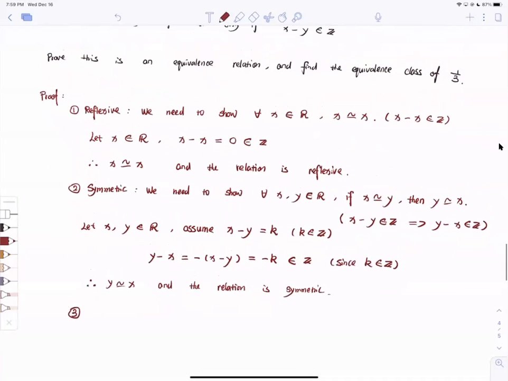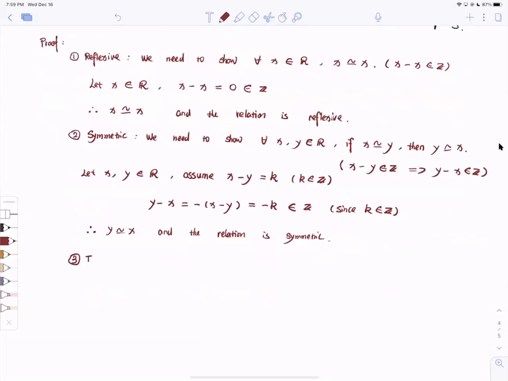is transitive. So transitivity, we need to show, for all x, y, z in real numbers, if x has a relation with y, and y has a relation with z, then x has a relation with z.